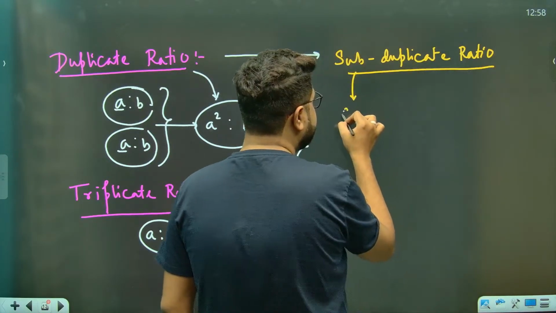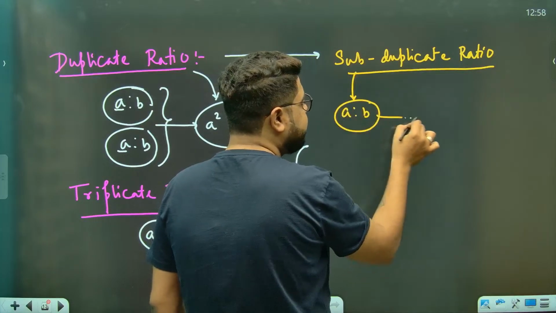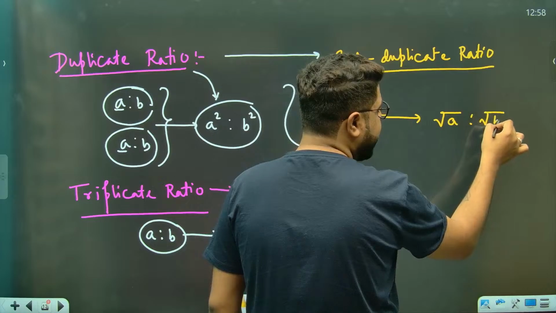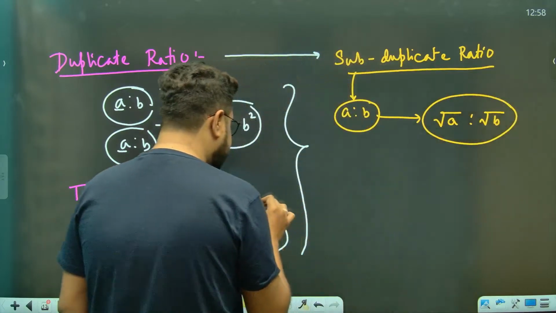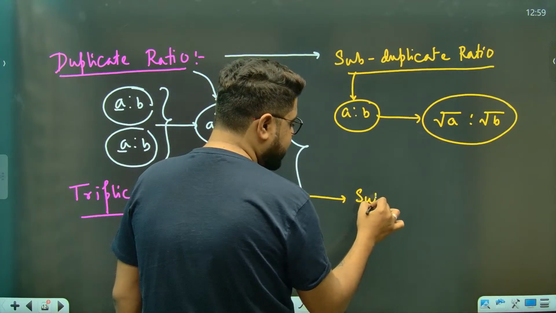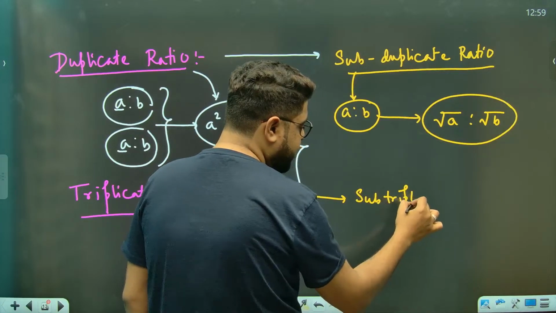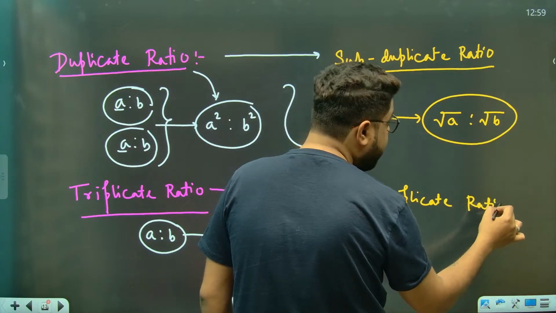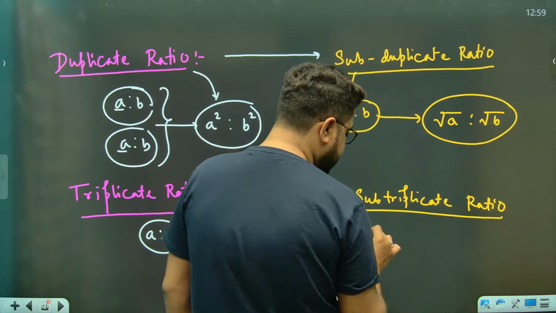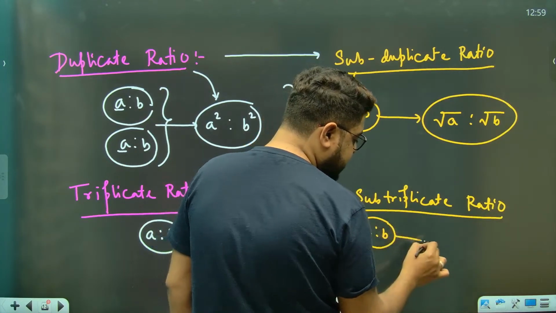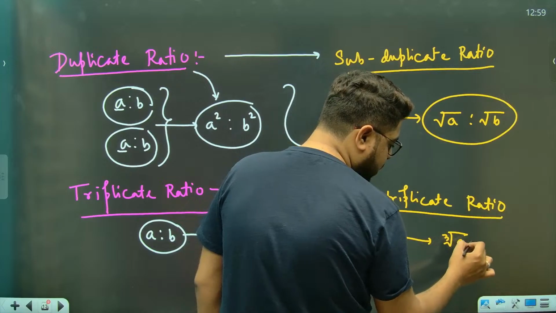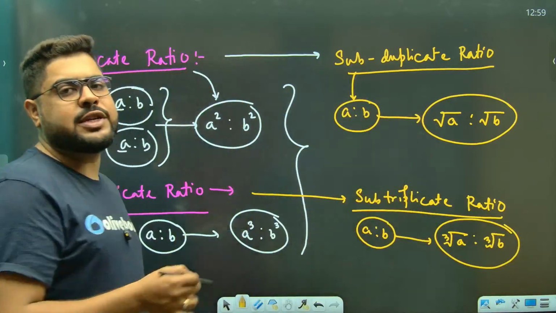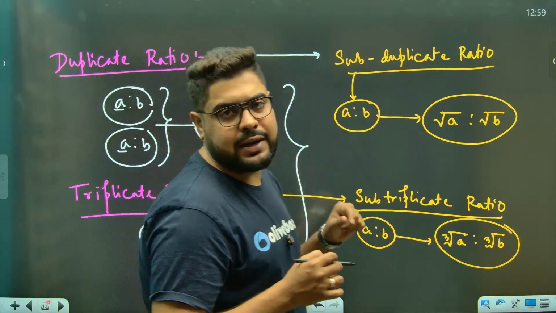If there is a ratio A ratio B, the subduplicate ratio will be square root of A ratio square root of B. And similarly, there shall be subtriplicate ratio as well. If there is a ratio A ratio B, subtriplicate will be cube root of A ratio cube root of B.